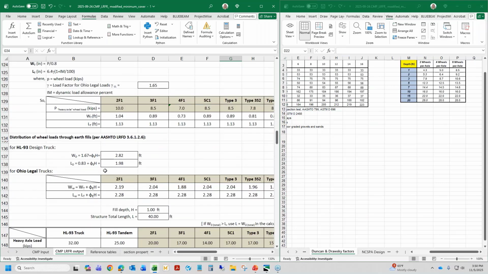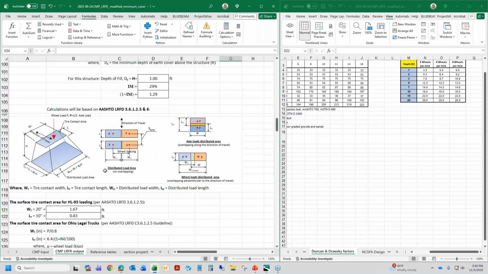We then go through the process of distributing that load, and we distribute the load through the fill utilizing this methodology where the load spread is 1.15. So depending on your height of cover H, the load spread is 1.15 times that.